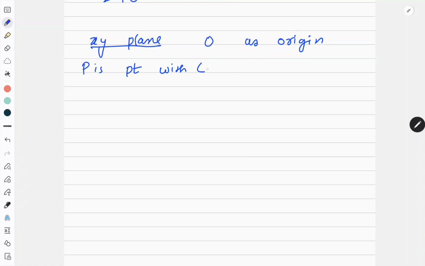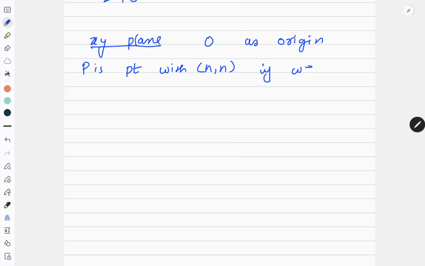Now suppose we have an xy plane with 0 as origin, and P is the point with coordinates n comma n.